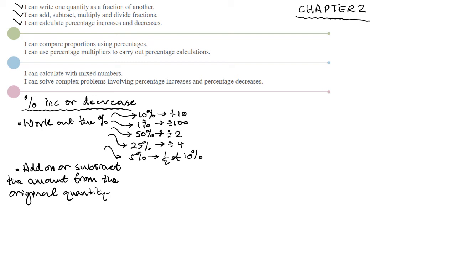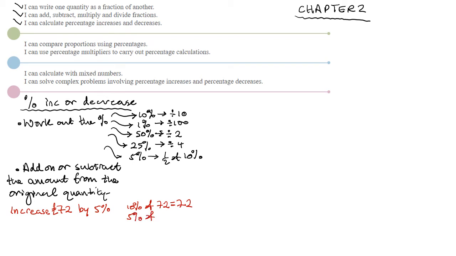So here's an example. Let's say I wanted to increase £72 by 5%. Well, I know that 10% of 72 is 7.2. I'll just divide it by 10. 5% is going to be half of that.